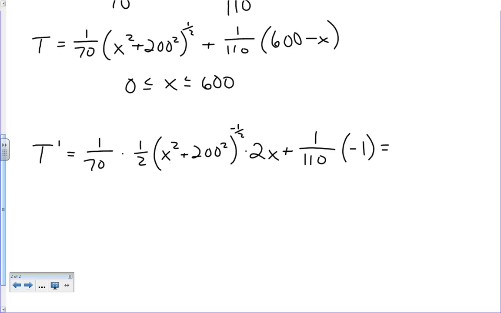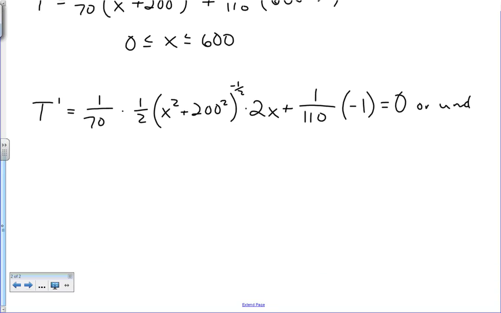And you want to find where this is 0 or undefined, just like we did for all those problems in Chapter 8. All right, so let's find out what the solution or solutions to this equation are. I'm going to cancel out a couple of things here and rewrite this slightly. I've got a 2 and a 1/2, those will clearly cancel out, so I'll cancel those right away.